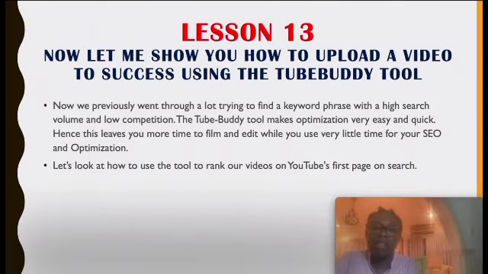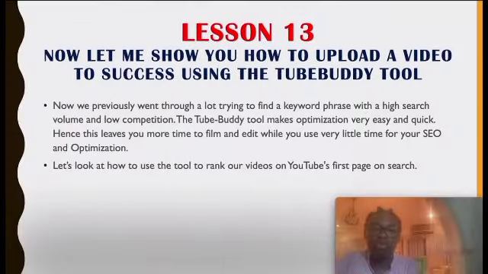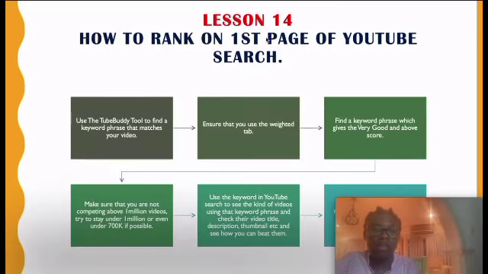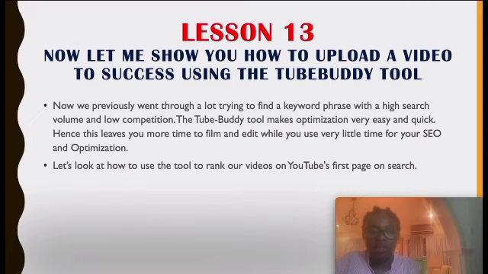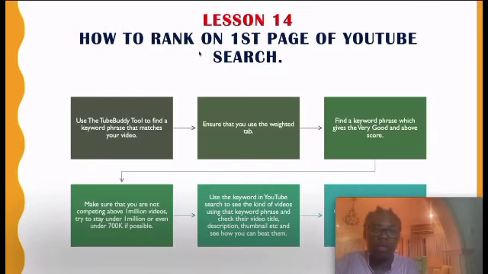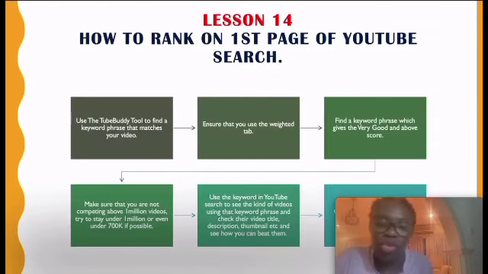So let's get a license for our YouTube channel, and then let's go in and see how we can use the tool to rank in the first page of the YouTube search result.